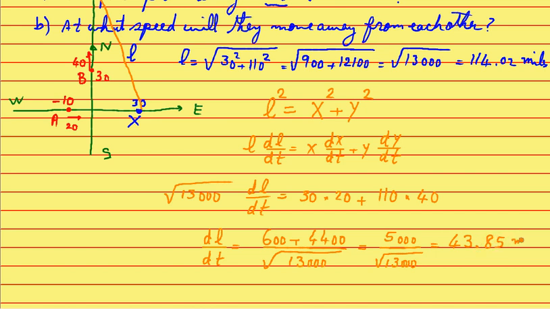The unit is miles per hour. So these two cars are going to be moving away from each other at that moment, 2 hours after they started, at the rate of 43.85 miles per hour.